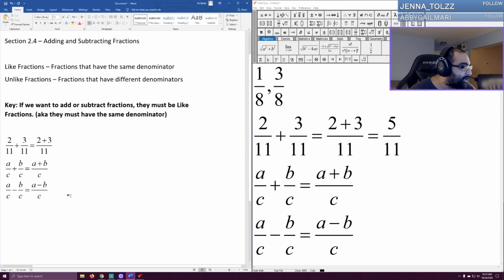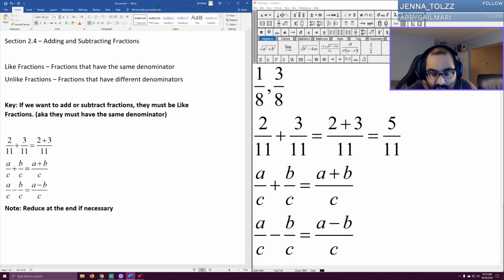Just as a side note, one of the other things to note is to reduce at the end if necessary. Sometimes when you add or subtract, the result does reduce.